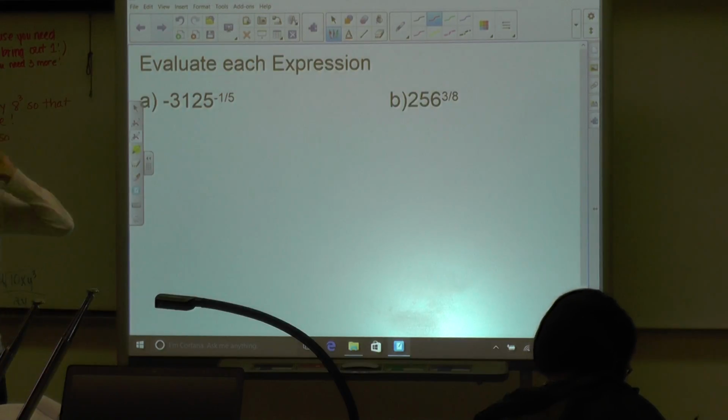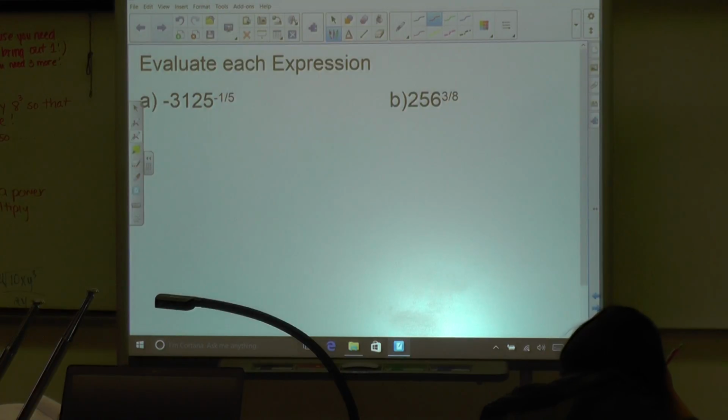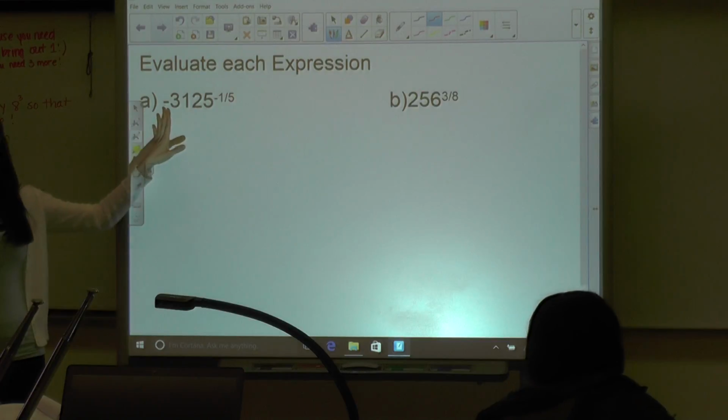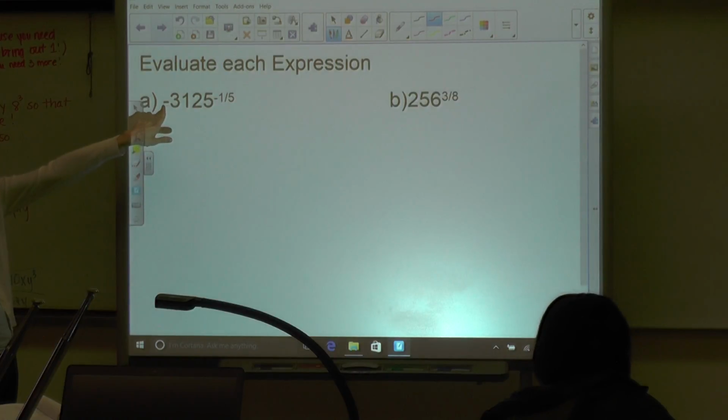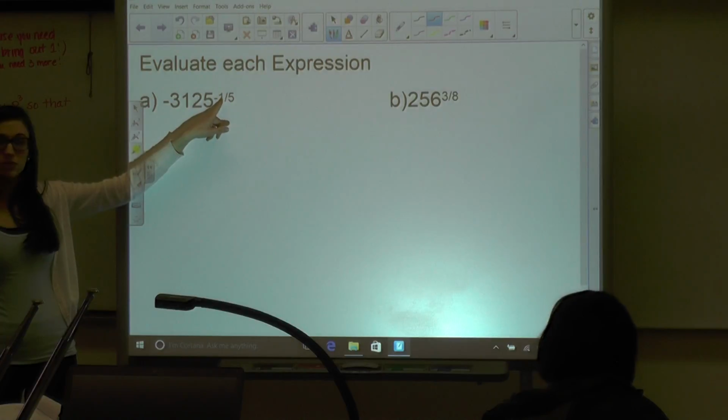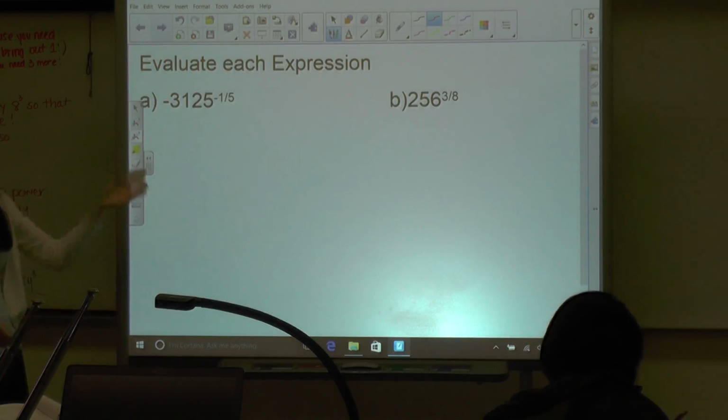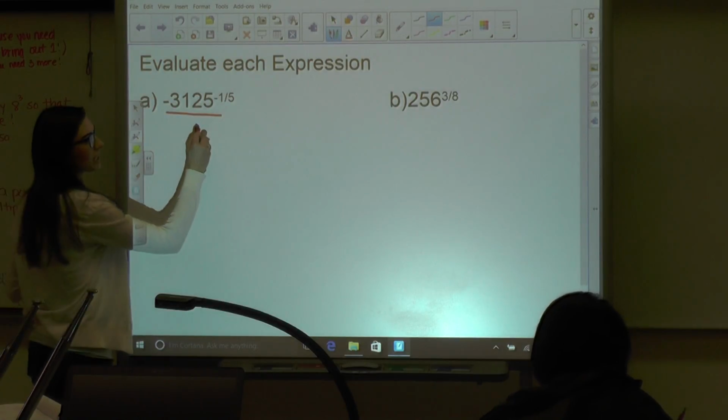Alright. So what is the first thing that I see wrong with this problem? Two negatives. Okay. Can you have a negative number? Yes. Can you have a negative exponent? No. So this negative, it doesn't matter. It can be negative all day. It's the exponent that matters. You can't have that be negative. So we're going to move it to the bottom because this is technically over 1.